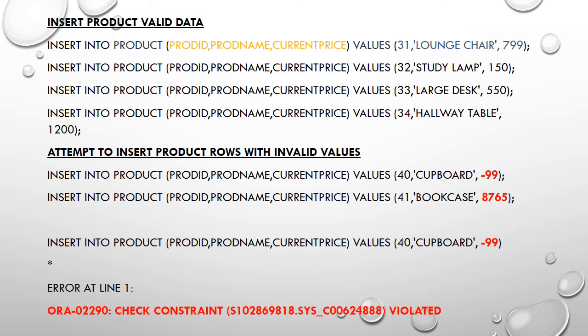You can see minus 99 is an error, and 8,765 is also an error. So if you add a value below 0 or above 5,000, it is an error. This is a check constraint. So before you enter a value, please check whether it is valid or invalid.